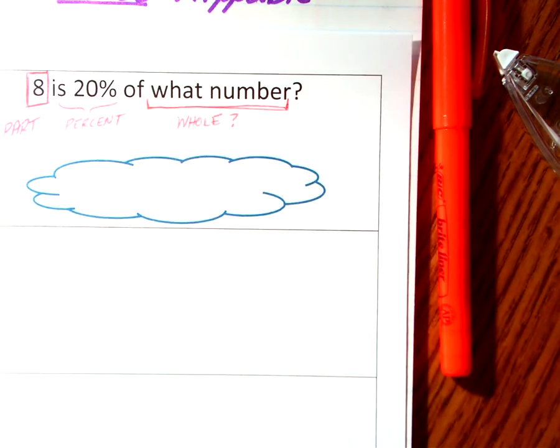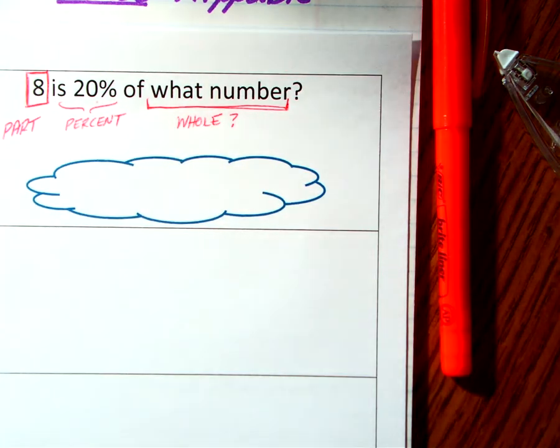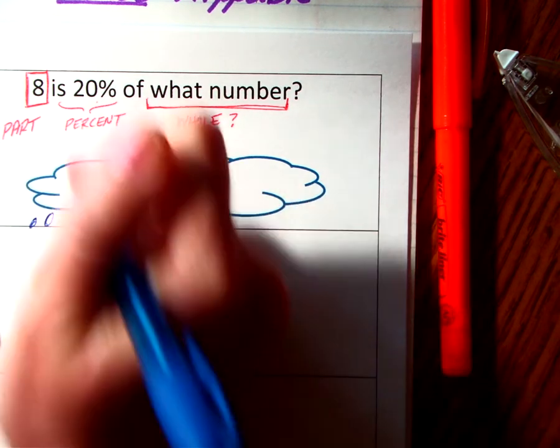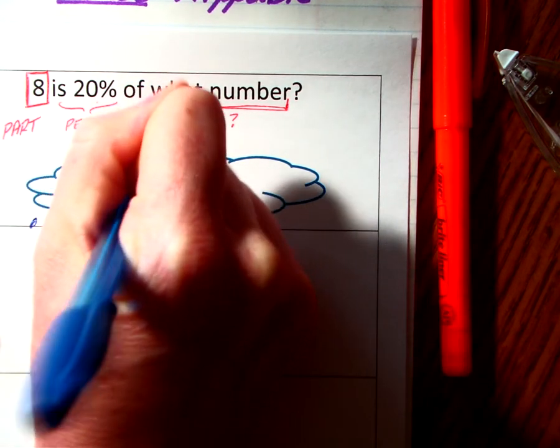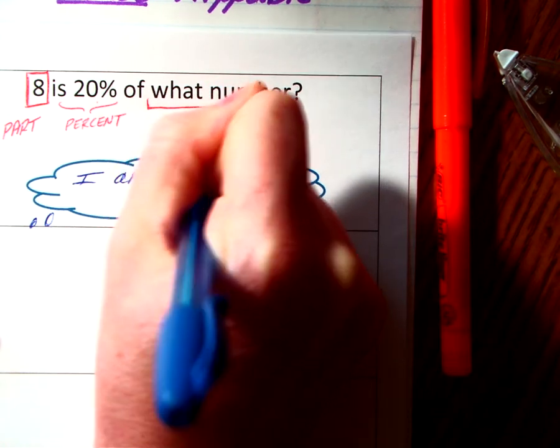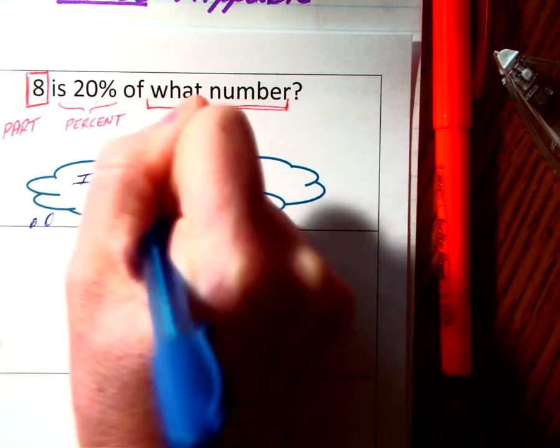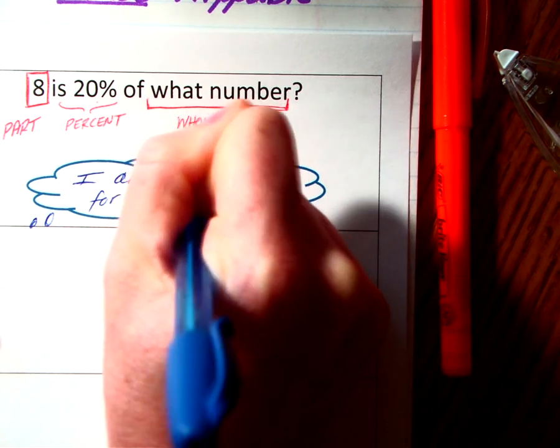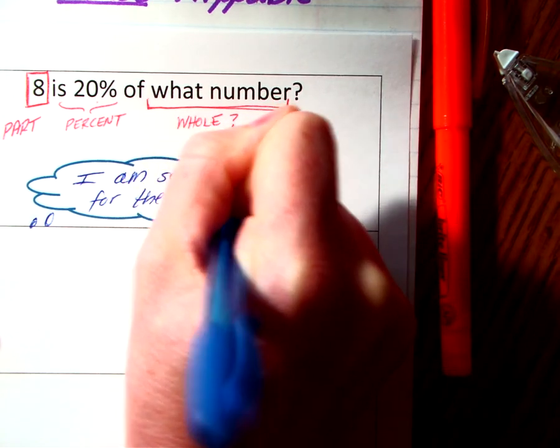Your thought bubble here: what are you hunting for? What are you solving for? If you said I am solving for the whole, you are correct. I am solving for the whole amount.